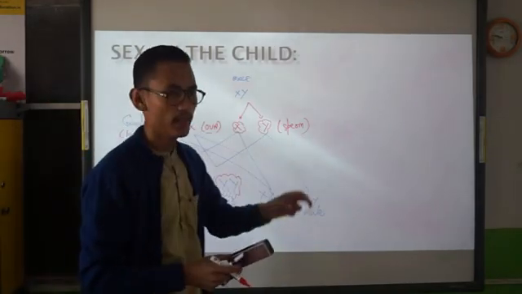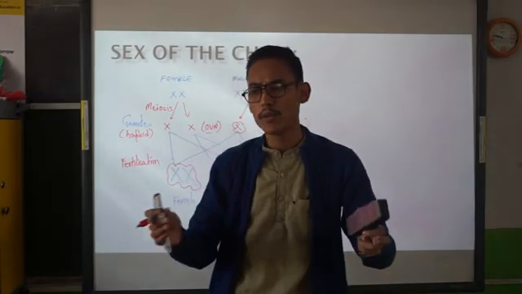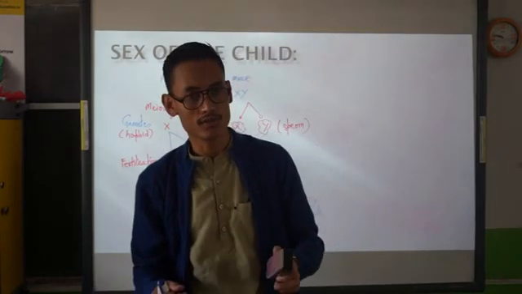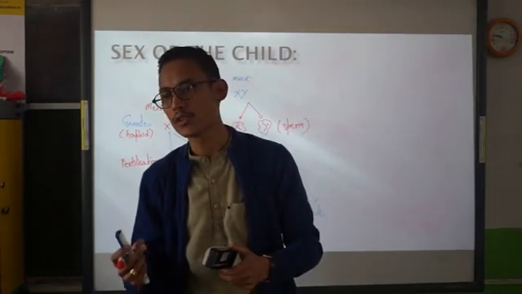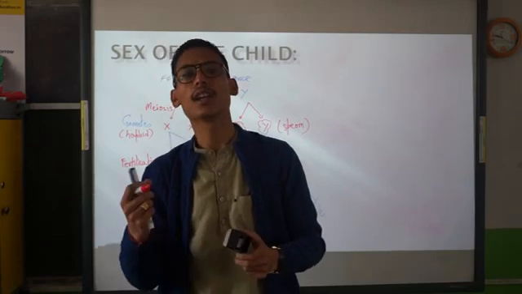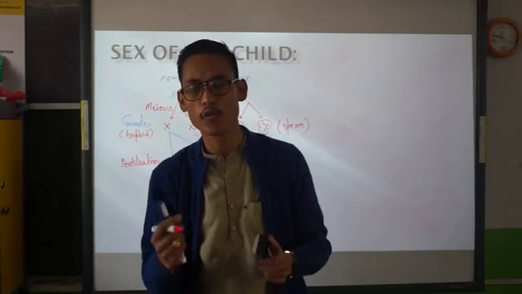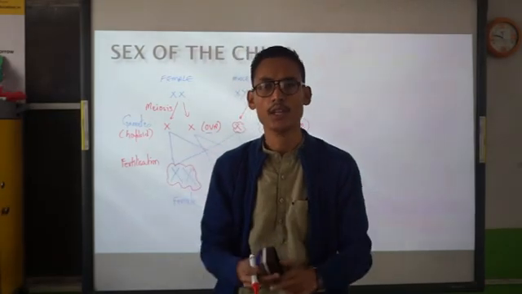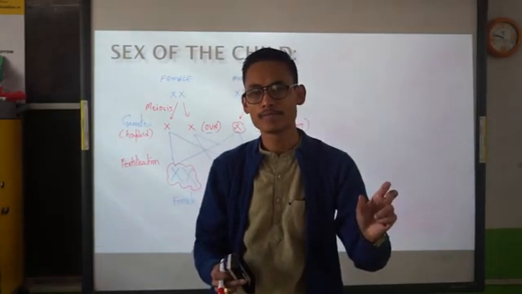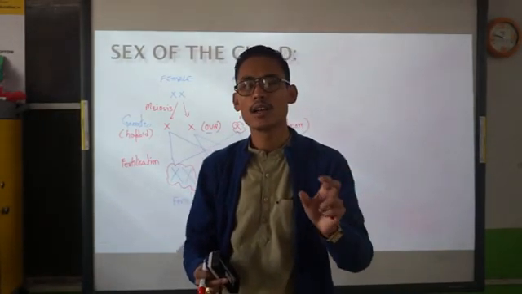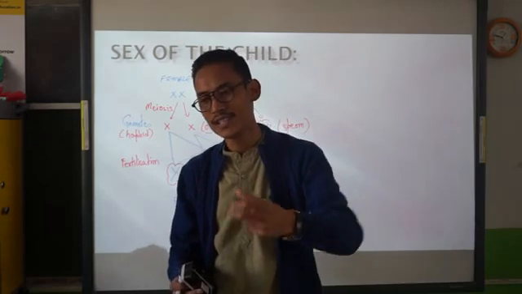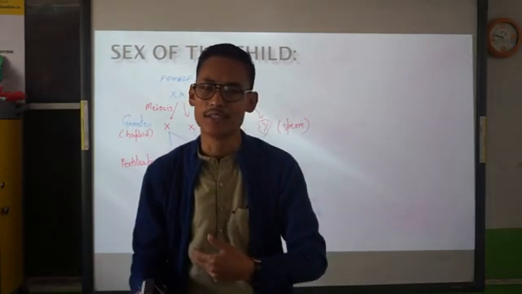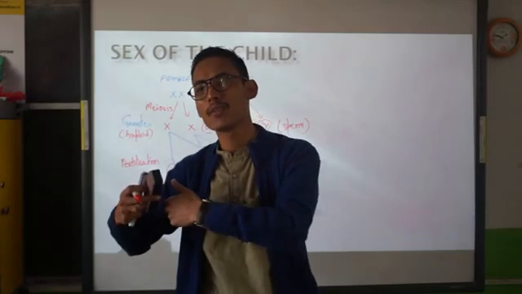Now, after fertilization, we have learned that there will be formation of zygote. Clear? Because zygote is a single cell which is diploid, having 46 chromosomes. Now that single cell has to undergo repeated mitotic cell division, leading to the formation of an embryo.